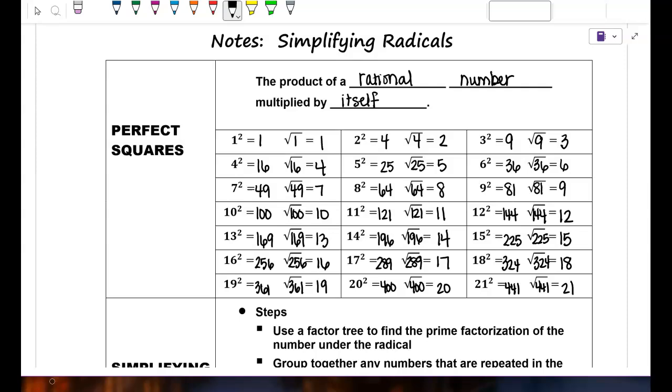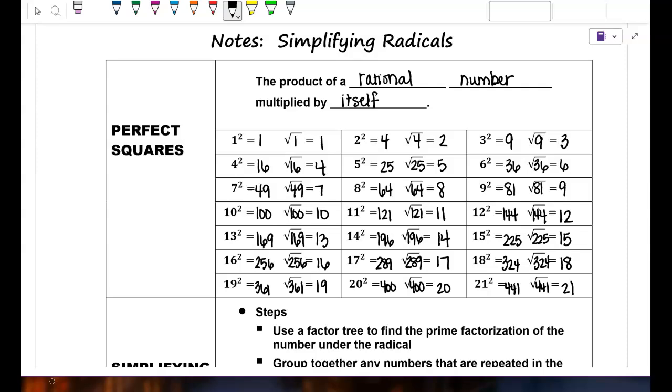Now, the reason I go through that is I want you to see the relationship between the square root and the number we're looking for. Because what we're doing today is about trying to find perfect squares within other numbers. If we can recognize these top 21 perfect squares, it makes simplifying square roots a lot easier, and we don't have to rely on a calculator.